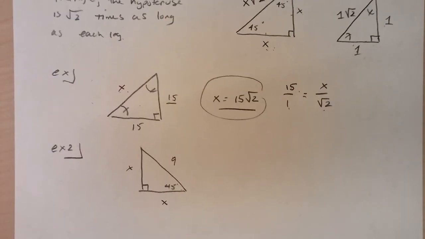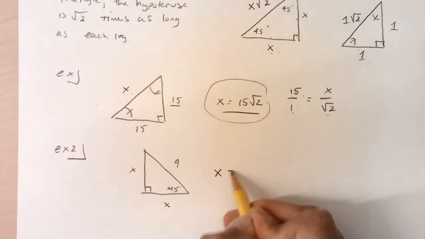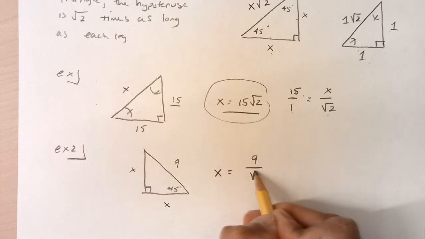So let's just say now that I want to find the length of one of the legs for this 45-45-90 triangle. If we're given one of the legs and we want to find the hypotenuse, we multiply by the square root of 2. Now we're given the hypotenuse and want to find either one or both of the legs. So just do the opposite. Divide by the square root of 2. x equals 9 divided by the square root of 2.